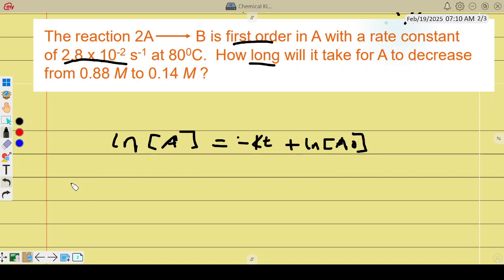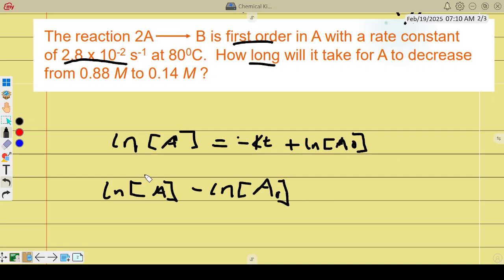So you can as well remember that this simply means we have ln. So at this point we want to find time. So let's take back ln A to where it came from. So I have ln A, the concentration at a particular time, minus the initial concentration.